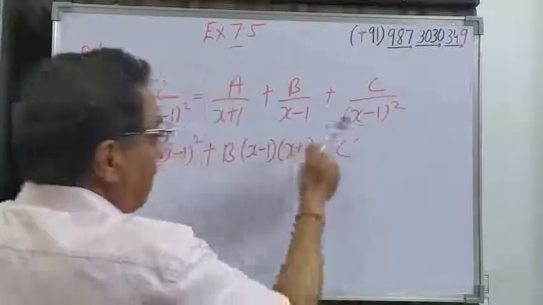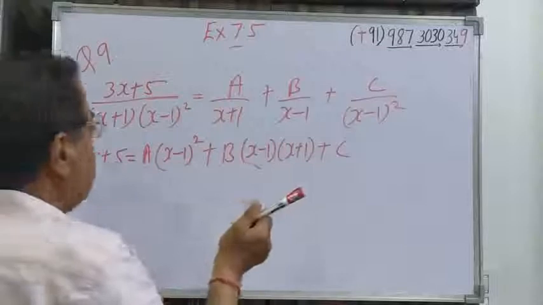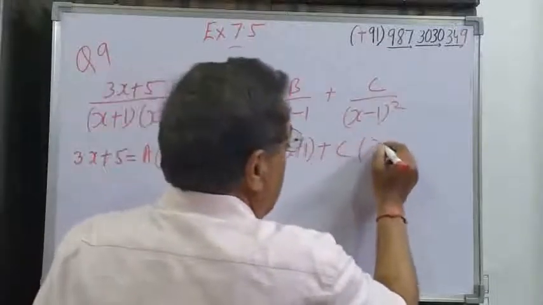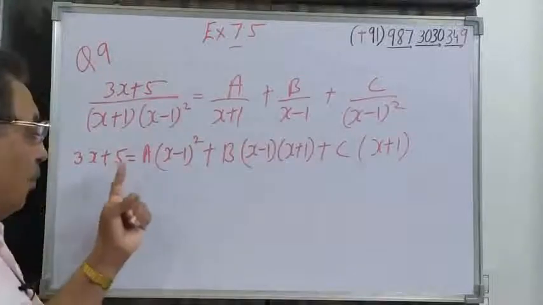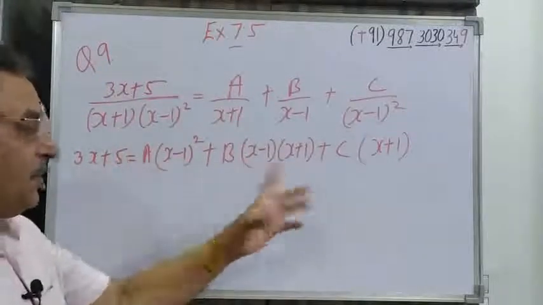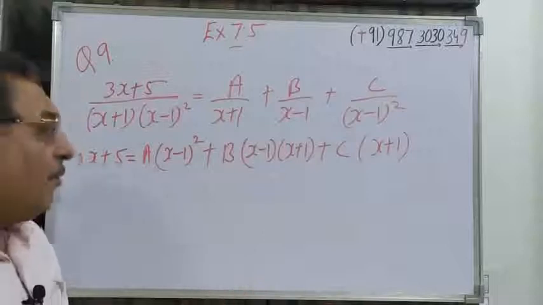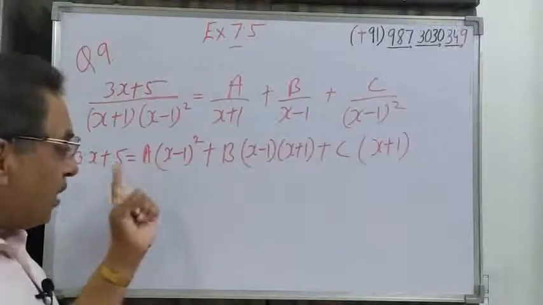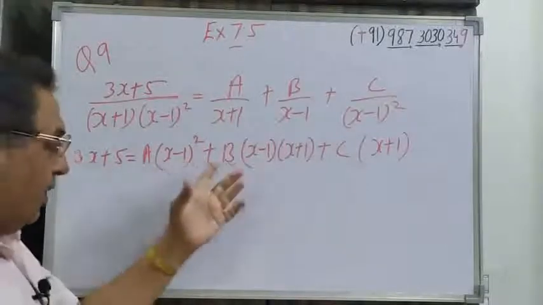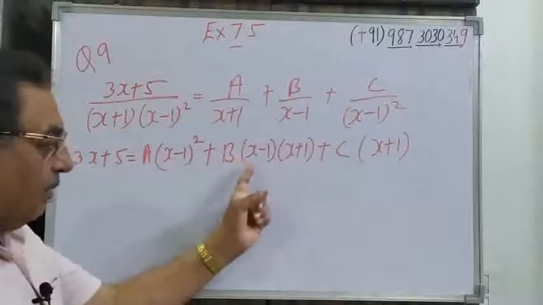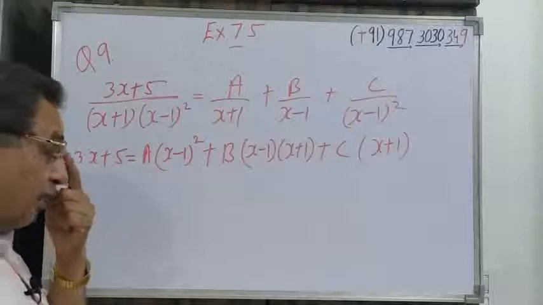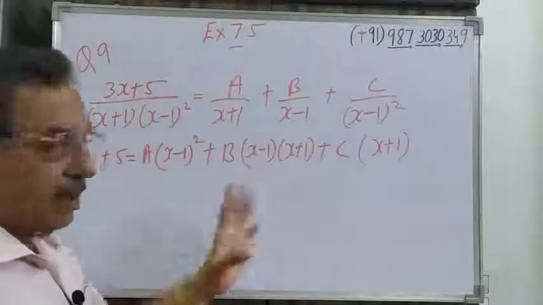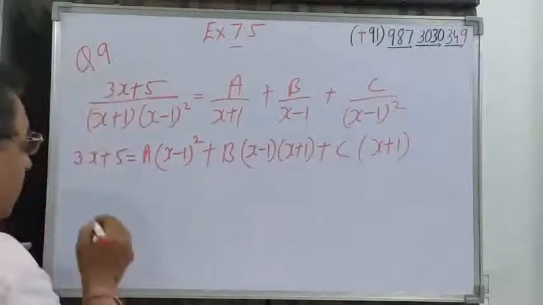For C, (x minus 1) gets cancelled and we get C into (x plus 1). We are now supposed to find the values of A, B, C. There are two methods. One of them is to expand, simplify, remove the brackets and then compare the coefficients. The second is a quick method, because all the factors are linear.